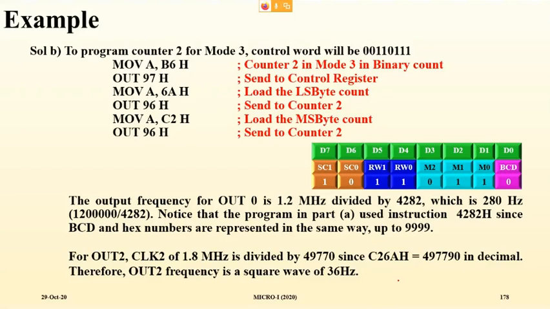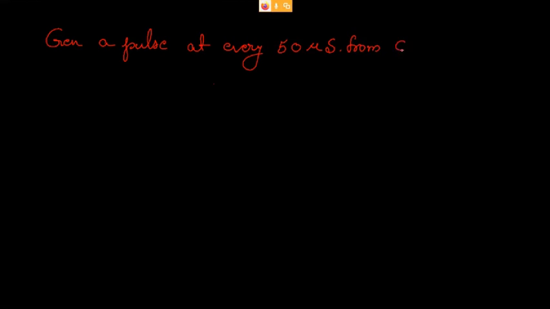The question is: write a program to generate a pulse at every 50 microsecond from counter 0 in mode 2.